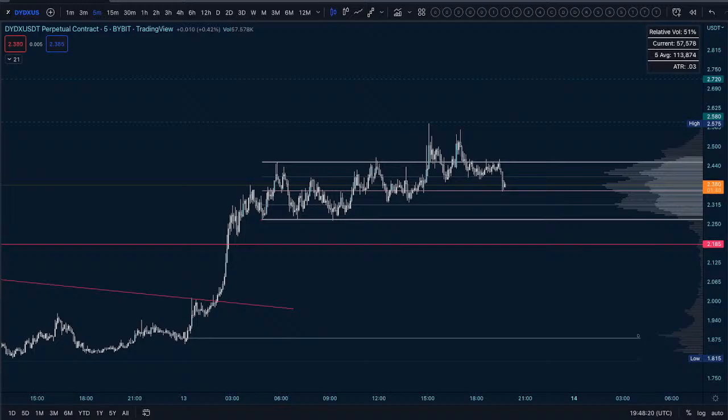Stop up there. And let's see. So I basically scattered some orders around this region and put the stop somewhere there.